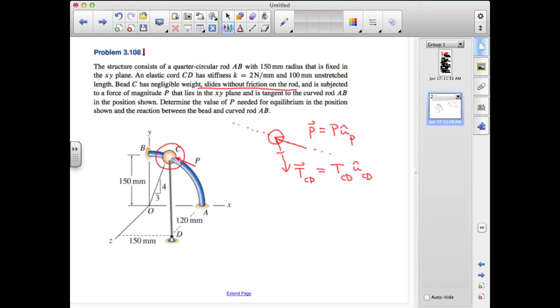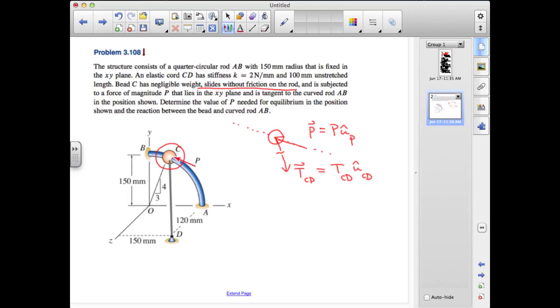And in this particular case, it will not be that difficult to come up with two directions. So I'm going to end up solving this problem two different ways. One where I have the reaction forces explicitly represented and we solve for them. And then there will be another solution approach where I take advantage of the fact that I know those reaction forces are normal to the rod at C, and I'll be able to get rid of them to simplify my solution.